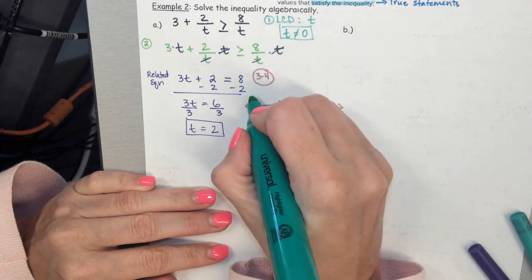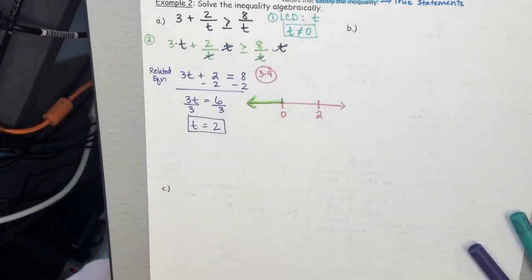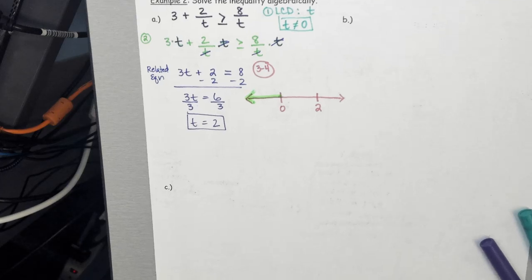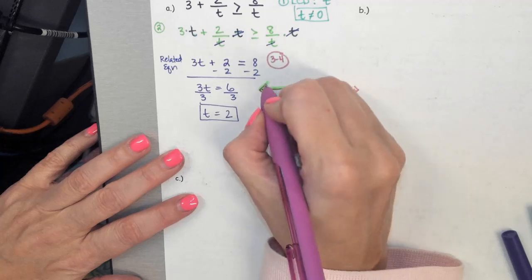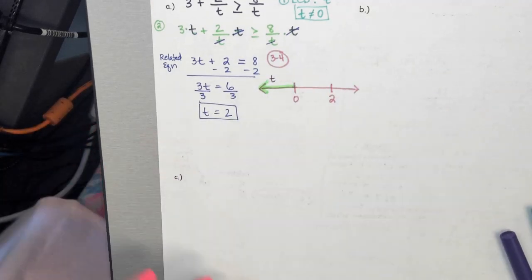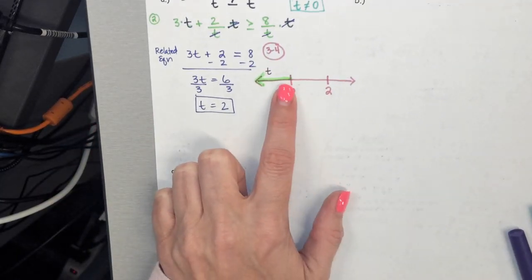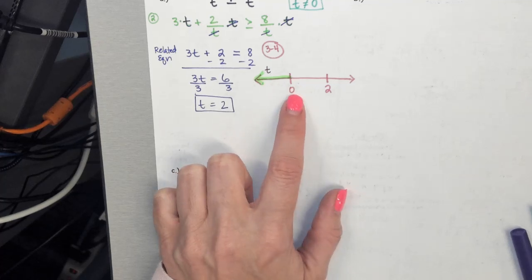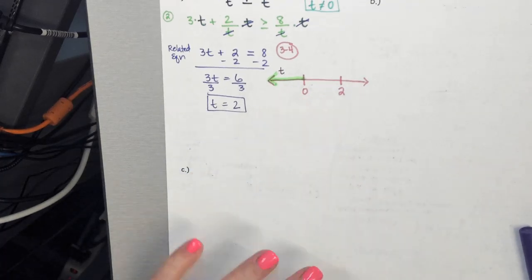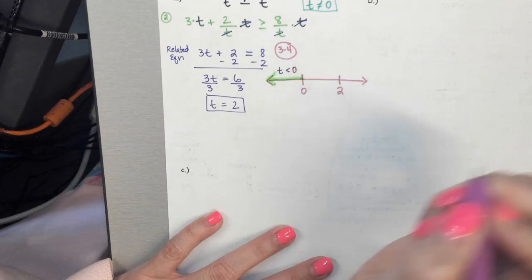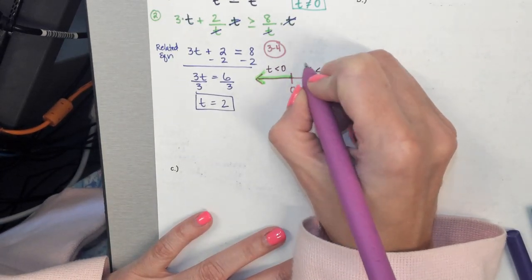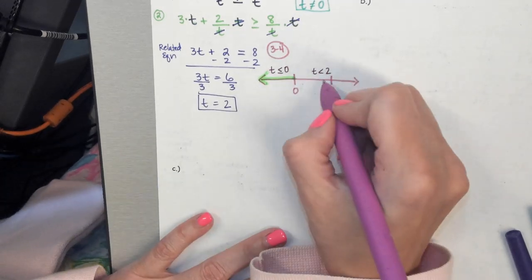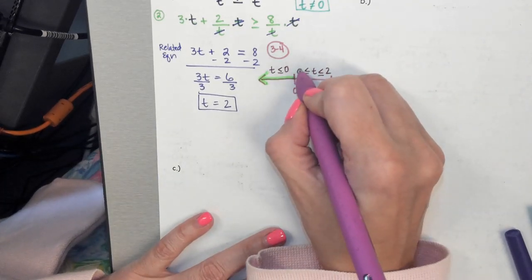So you have to write an inequality for this part that I've just highlighted. Do you guys remember what that inequality would be? t is what compared to 0? Less than 0. Okay, so t is less than 0. And then this is between 0 and 2.